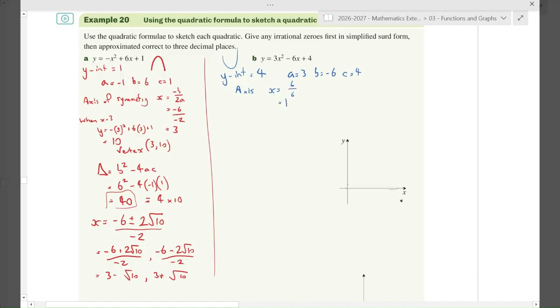Shouldn't it be 6 over, because it's, wait, never mind. No, yeah, it should be positive 6 over. Yeah, so it's minus minus 6, which will give you positive 6. So axis of symmetry is 1, which means your vertex, yep, sub it back in.